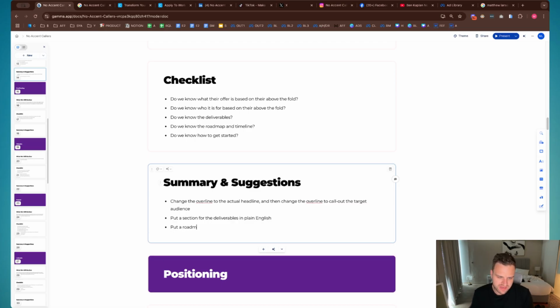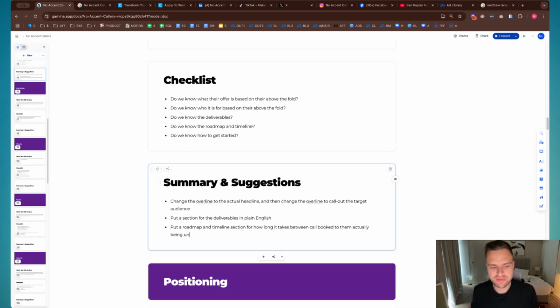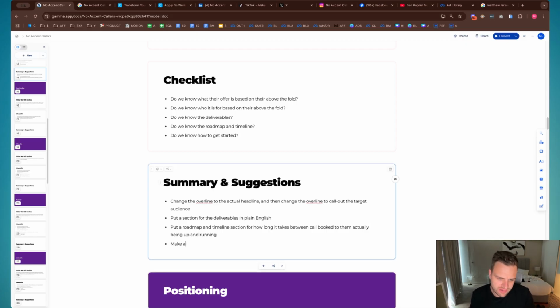Put a roadmap and timeline section for how long it takes between the call being booked and them actually being up and running. Make a clearer how-to-get-started section beyond just the book a call buttons is what I would do here.